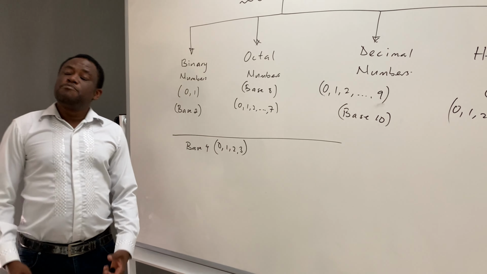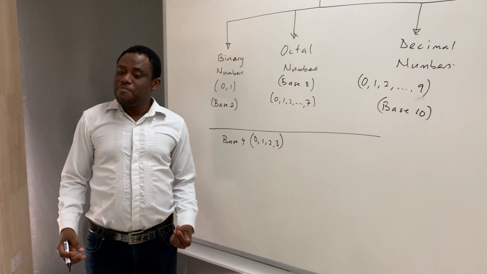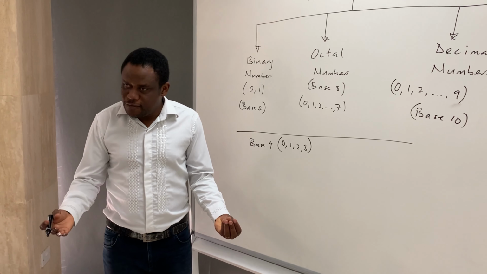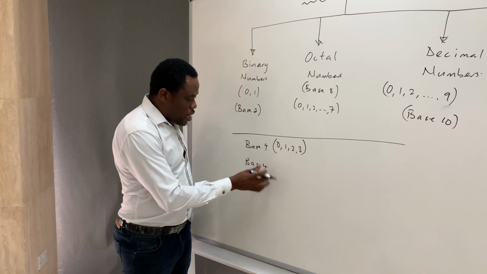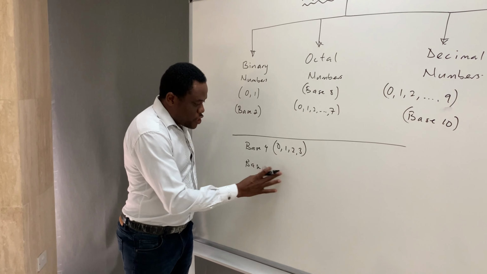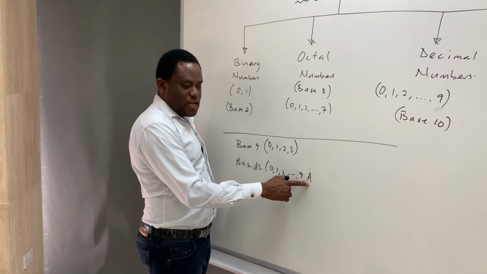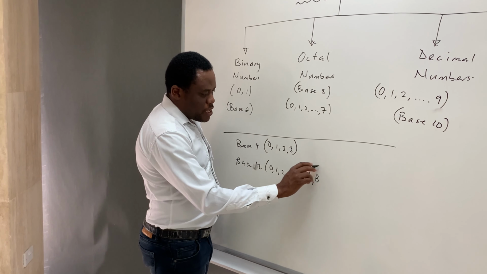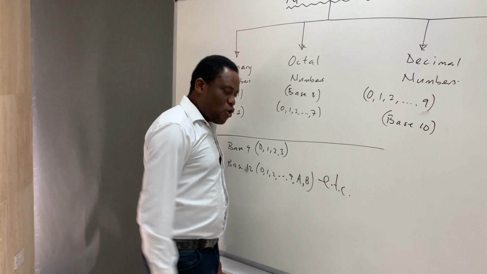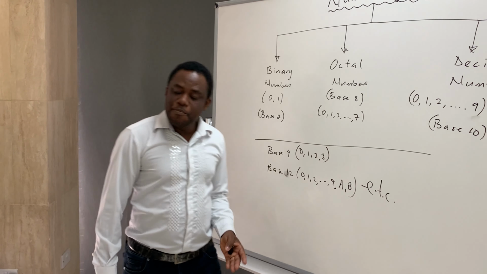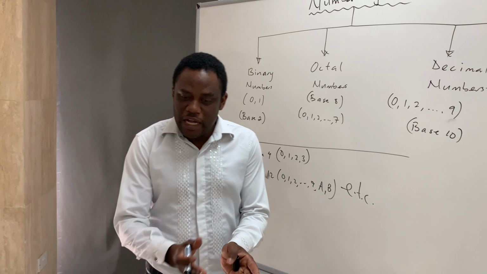If I say solve the problem in base 12, base 12 means you stop at 11, right? So instead of having 10, we have A and B, and so on. So this is very important. If it's base 7, it means you count up to 6. So when you get to 6, you stop and you start counting from 0 again.